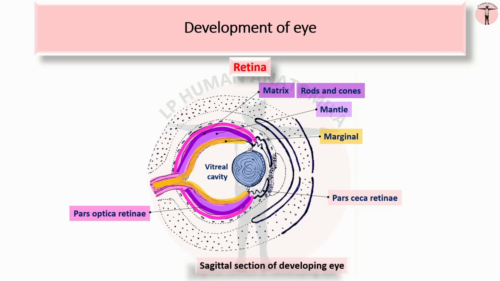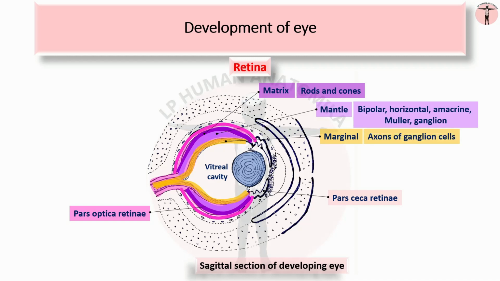The mantle layer gives rise to neurons and supporting cells, which include bipolar, horizontal, amacrine, Muller, and ganglion cells. On the surface, the marginal layer is the non-nuclear fibrous layer that contains axons of ganglion cells.